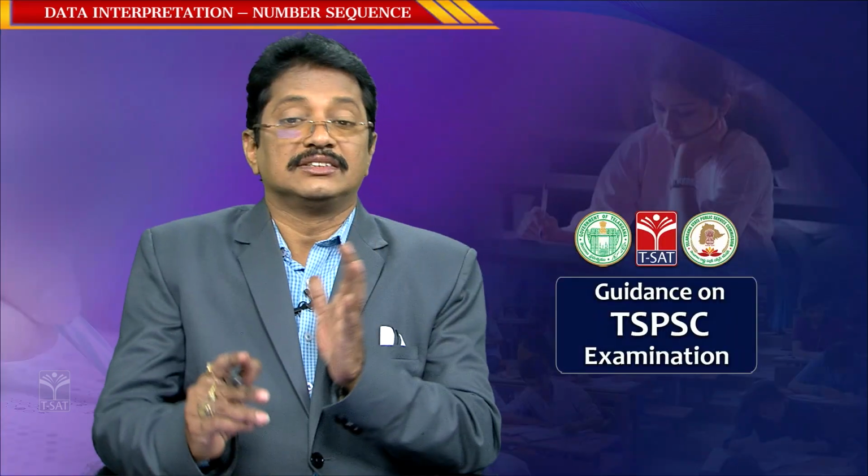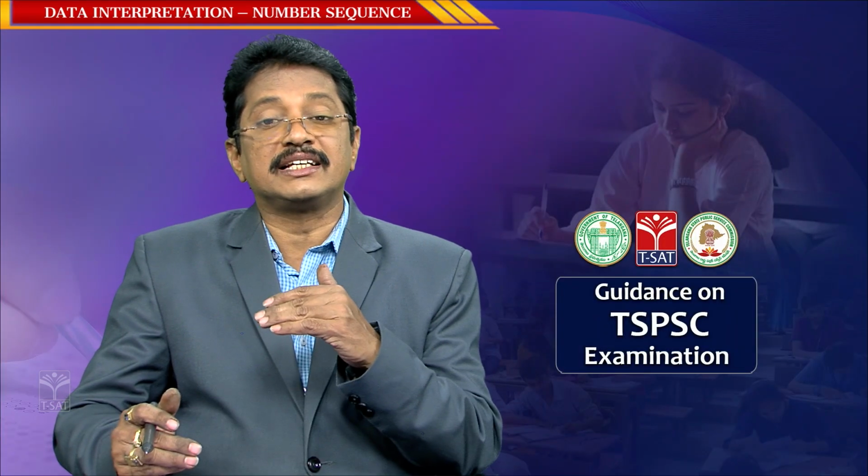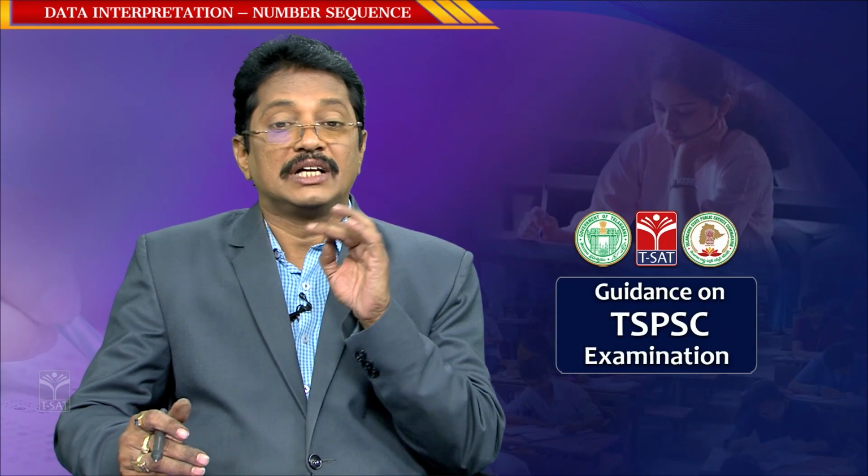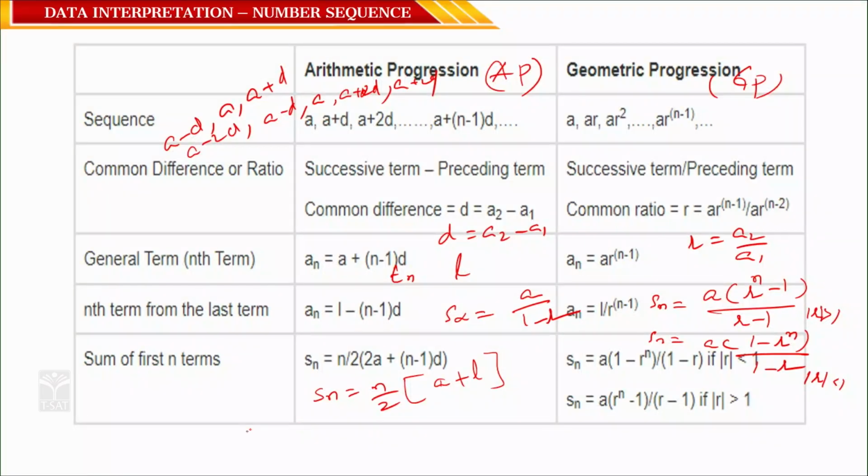These are the different formulas in geometric progression. And one more here, arithmetic mean. When three quantities a, b, c are given, arithmetic mean b is equal to a plus c by 2, b is called arithmetic mean, and the geometric mean is b is equal to under root ac.